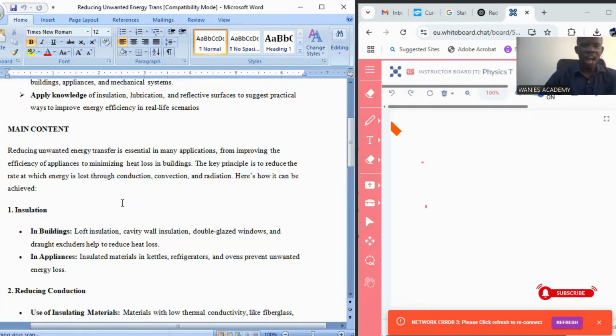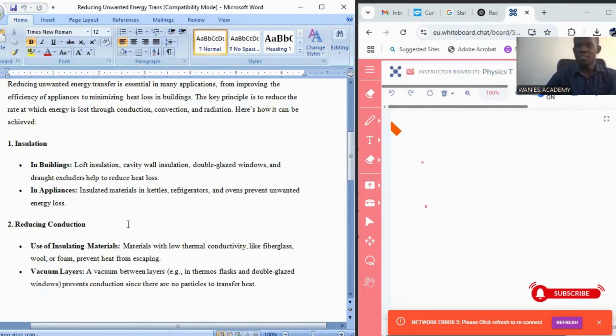Now we go to how we do that, reducing conduction. Already you know that conduction involves two materials touching each other, then heat is transferred. Now, how do we reduce the amount of heat that is transferred when two materials touch one another? Number one, the use of insulating materials.